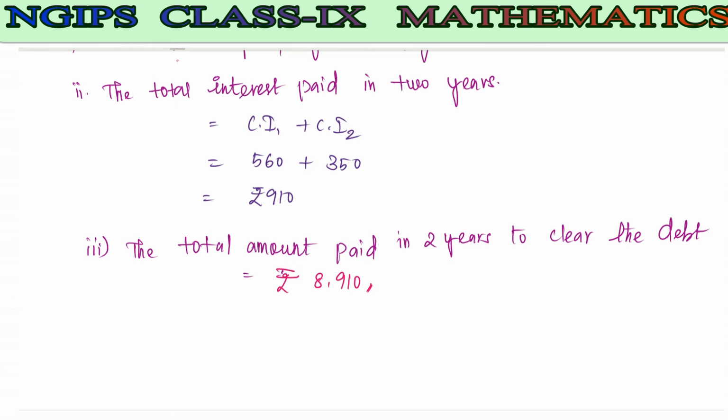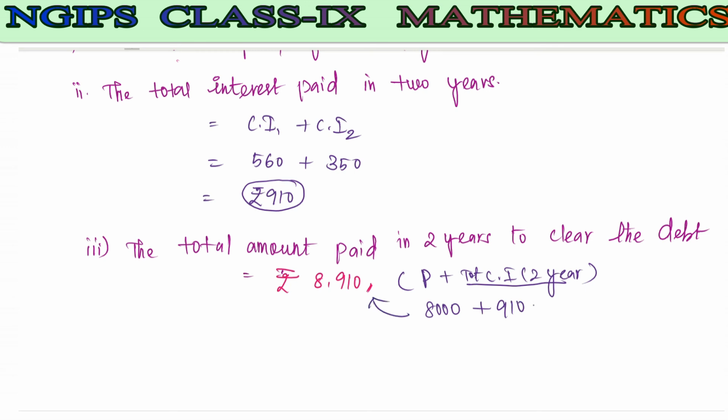So here the total amount paid in 2 years to clear the debt is 8,910. Here we can write the principal plus total interest paid for 2 years. So the principal is 8,000 plus total compound interest paid for 2 years, here we have 910. So if you add both, finally we are going to get this answer, 8,910 rupees. Now we'll move to the next question.